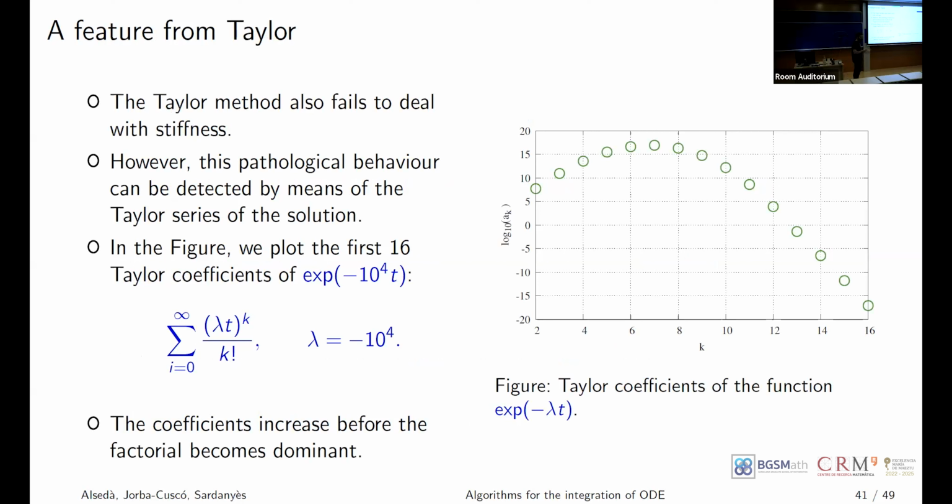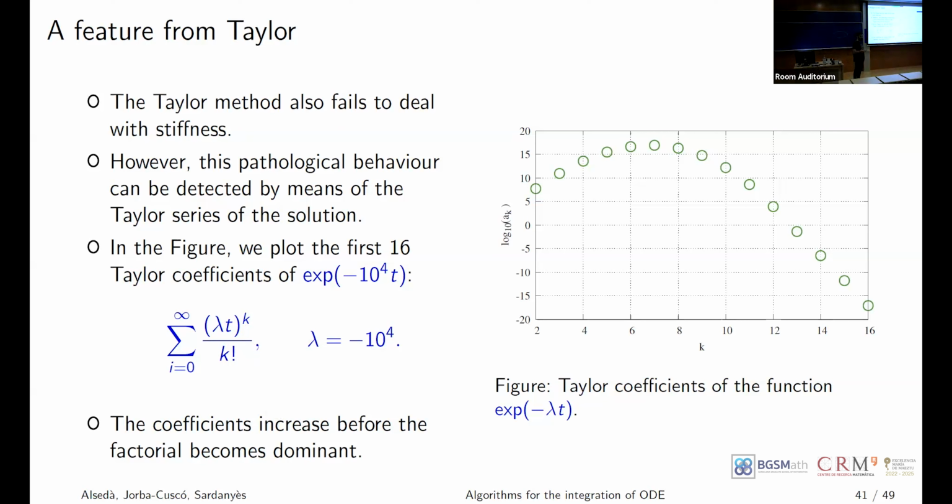And the reason is very simple: if you look at the series expansion of the solution of this one-dimensional linear equation, you have a large lambda, I've put here 10 to the 4, which is competing with n factorial. Now, the factorial is going to win. That's for sure. But if lambda is large, it may take a while for the factorial to win. You need to compute a big factorial.